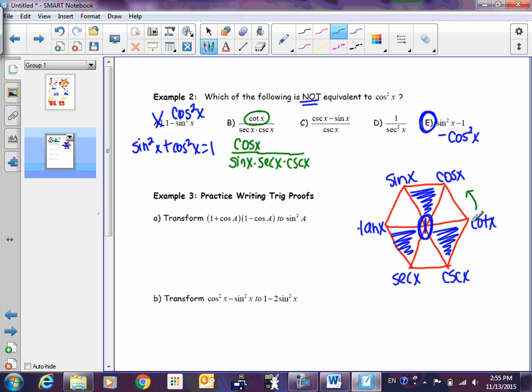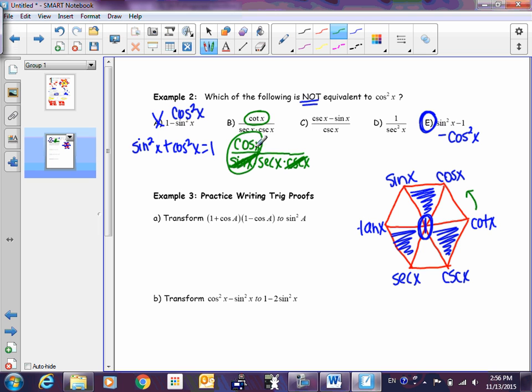One of our identities was cotangent x equals cosine x over sine x. So it's basically like I've replaced the one circled thing with the new circled thing. Okay, do you see anything in the denominator that might multiply to a 1? Almost. Sine and cosecant. That makes a 1. Those are reciprocals.